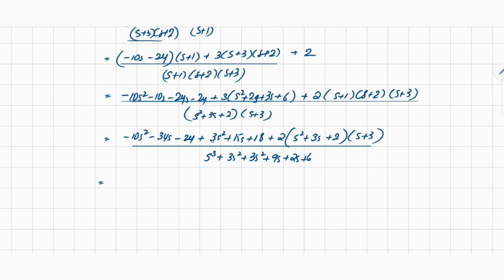Here minus 10s squared plus 3s squared gives us minus 7s squared. We have minus 34s plus 15s, which gives us 19s.